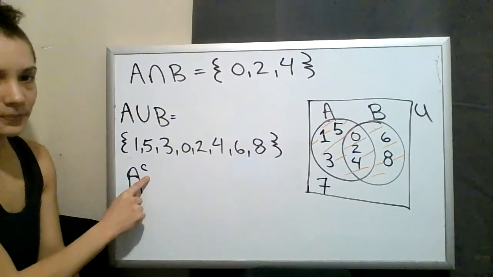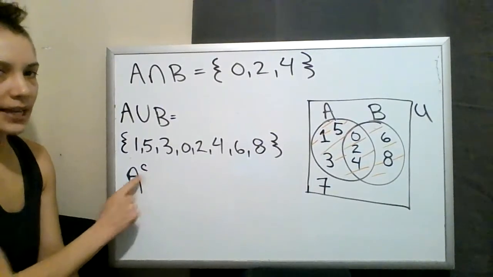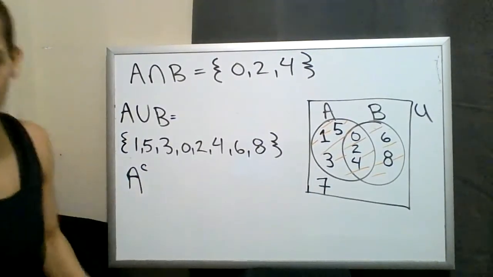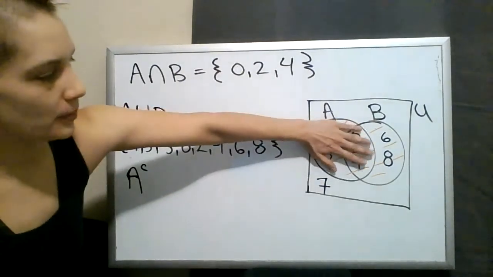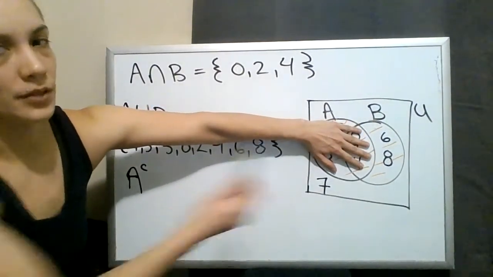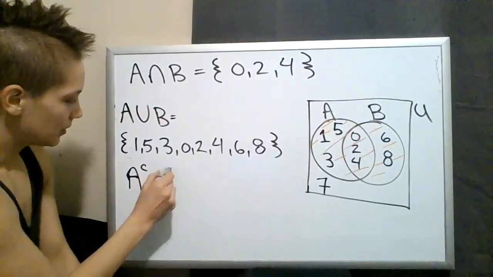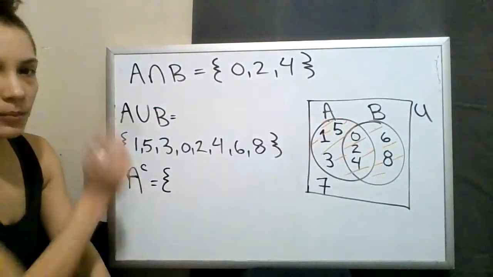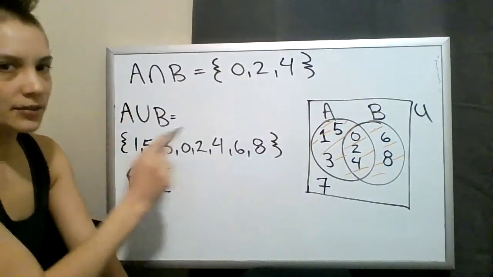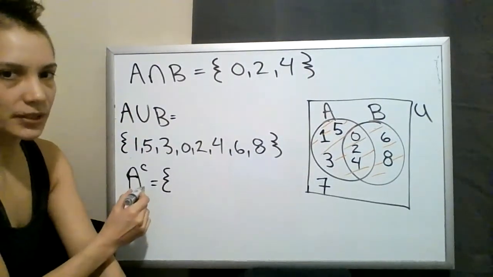A complement is everything outside of that set A. So you can cover up the elements in there and use your Venn diagram: 6, 8, and 7. Or you can go back to the universe, cross out all of the elements from A and then use what's left over.